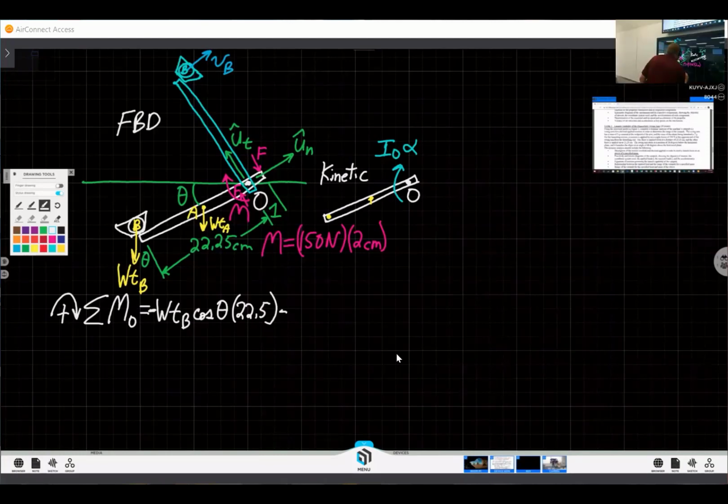So now we need to do our weight of A, cosine of theta. As far as its moment arm, we can just do half of the 22, so we'd have 11.125.